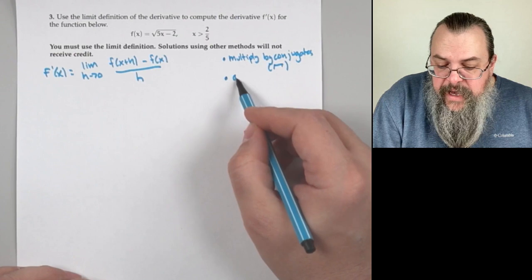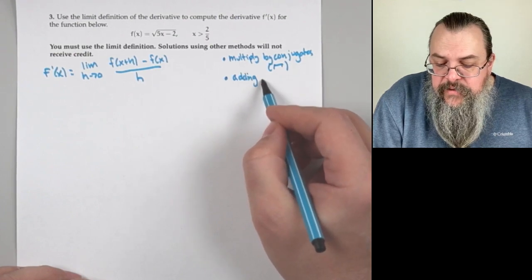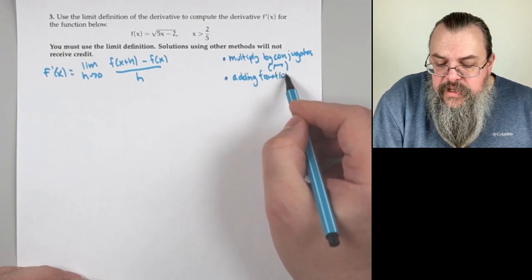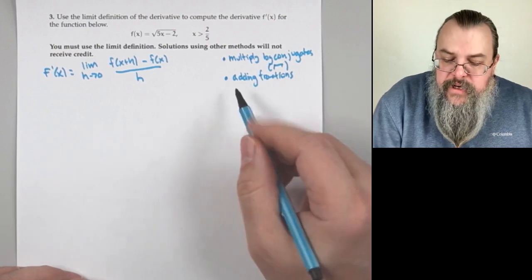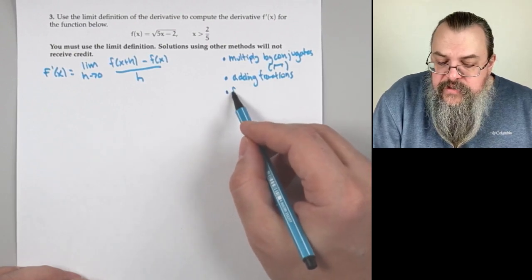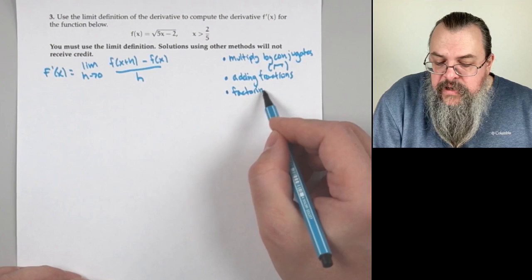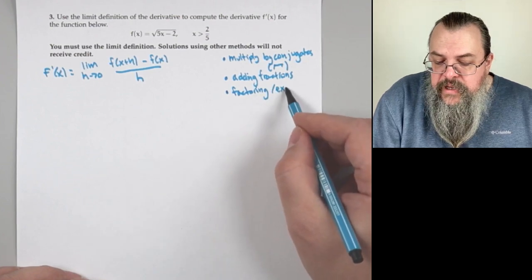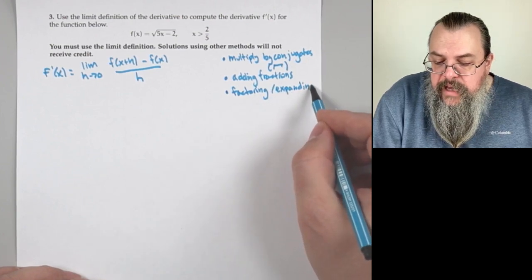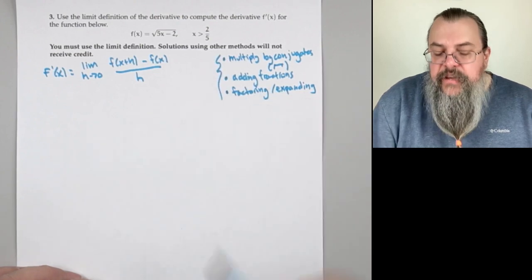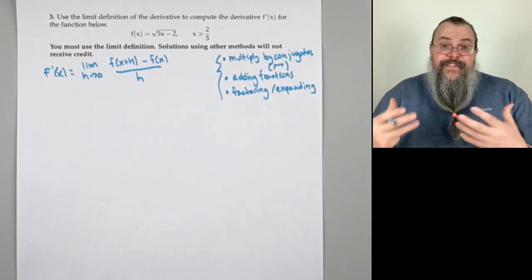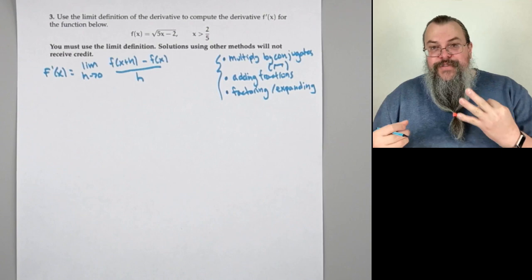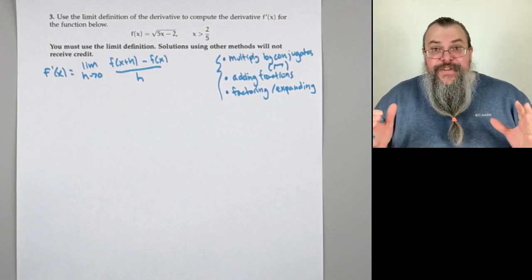There's going to be adding fractions, and if anything shows up downstairs, that would be there, but we don't, but that's okay. We're just reminding ourselves. And then, of course, there's factoring and expanding. And that's it. Everything is going to come down to one of these three things. So if you're comfortable with those three algebra tools, you'll be able to answer these questions.